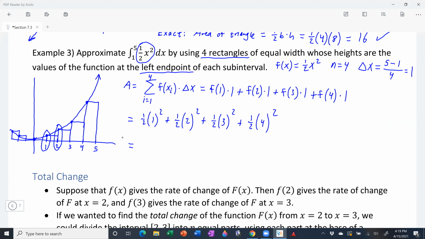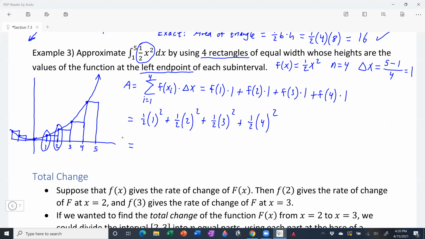That would be an overestimate if we were doing left endpoints over there. So I just wanted to clarify that it's not just the concavity, it's also whether or not you have increasing or decreasing. So kind of interesting to think about that. Okay, so it's the concavity, but it's also whether or not it's increasing or decreasing. So for this one, since it's concave up and increasing, we do in fact have that the left endpoints are going to be an underestimate.